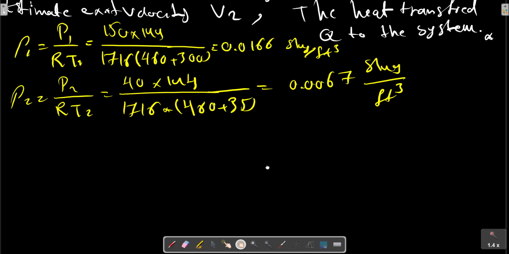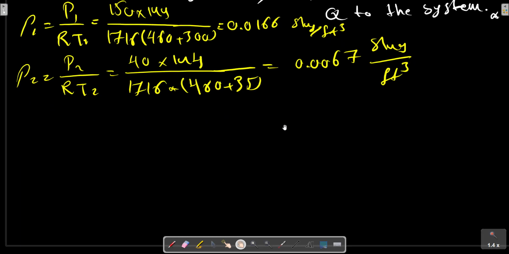With these properties, to calculate V2, we should write the energy equation obtained from the Reynolds transport theorem, which was Q minus W dot S at first. To calculate the velocity, we should write the m dot in equals rho 1 V1 A1.